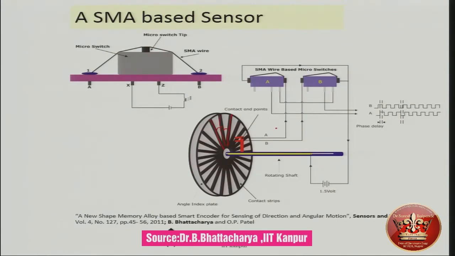However, the catch is that only whenever these two pins are touching this, the current is flowing, and then because of that resistance you are going to get a signal. The moment it is not, or the velocity is changing, you are going to see there is a shift or a phase delay, which you can use.